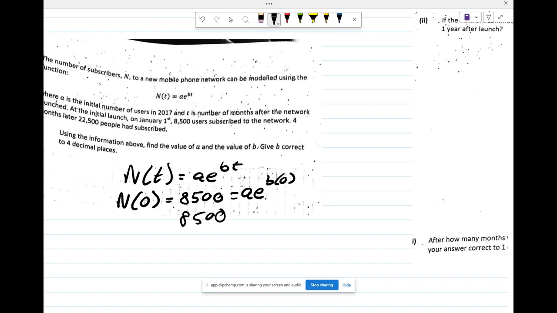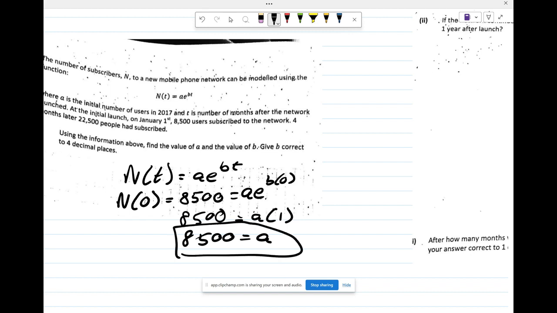So 8,500 is going to be equal to Ae^0, and anything to the power 0 is just 1. That's one rule that you might come across a lot, and it's useful to know. So then 8,500 is just equal to A times 1, or A. So A is equal to 8,500.